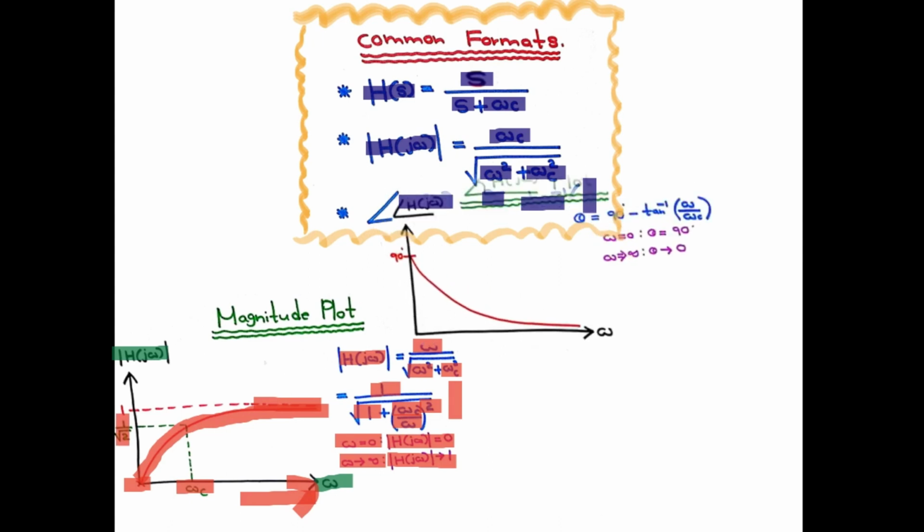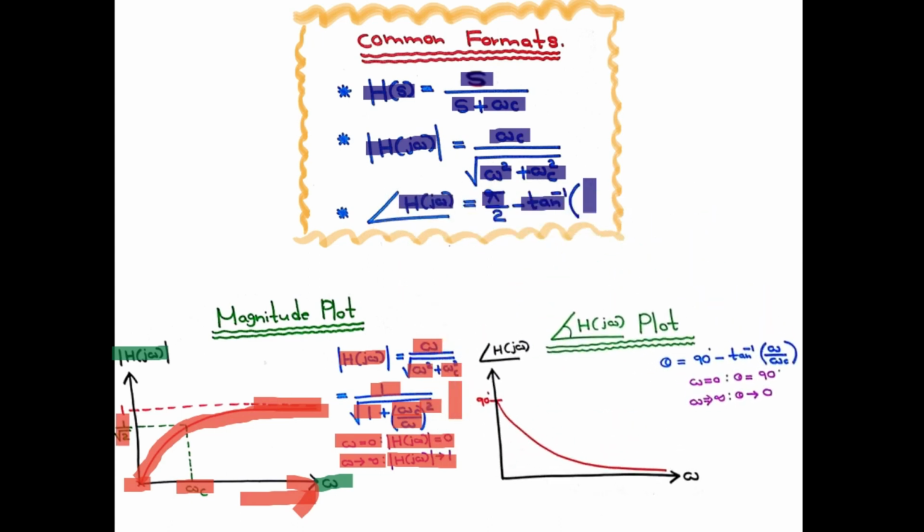Next, we are going to see the phase angle plot of the transfer function H(j omega). Here, the x-axis is omega, the angular frequency, and the y-axis is the phase angle theta. As we found before, theta equals 90 minus tan inverse omega divided by omega c. Our prime concerns are when omega equals 0 and when omega goes to infinity.